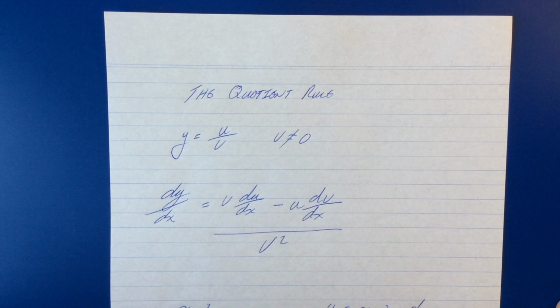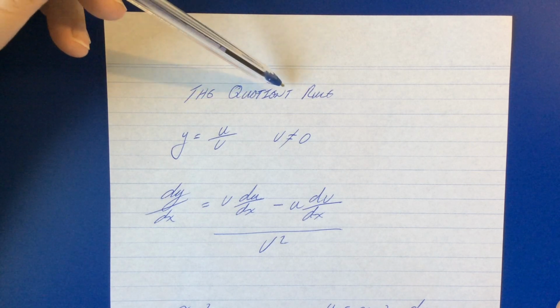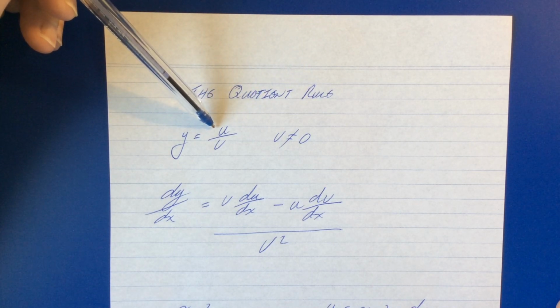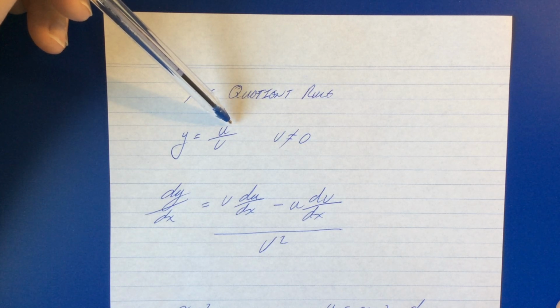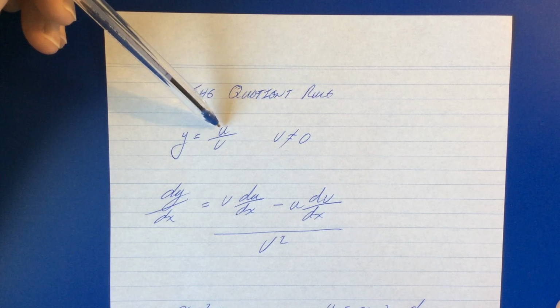Today we are looking at the quotient rule. Yet another rule to assist us with the speedy resolution of derivatives. And as the title implies, this is when you have one expression, or one function if you want to call it that, although that's not strictly true.